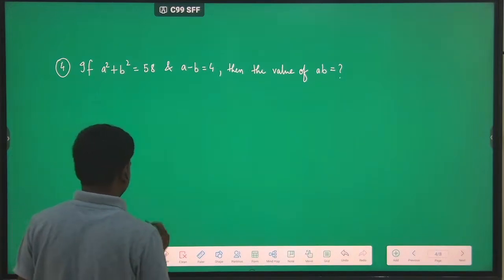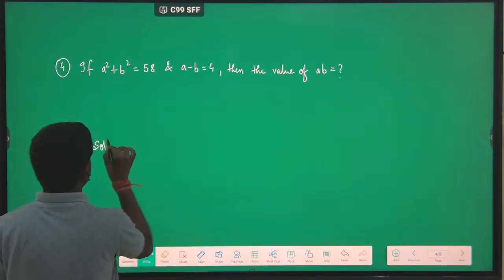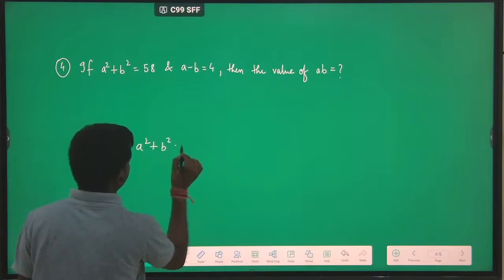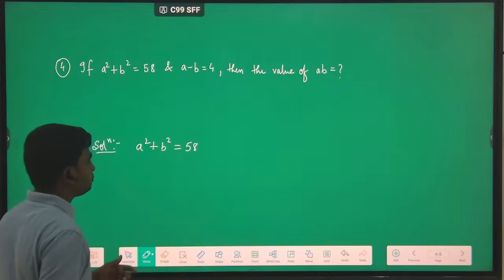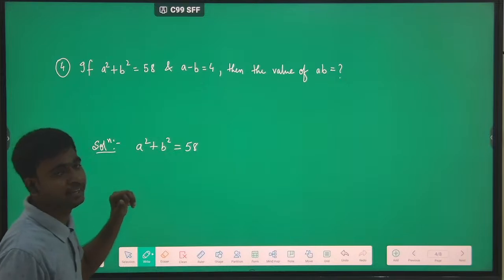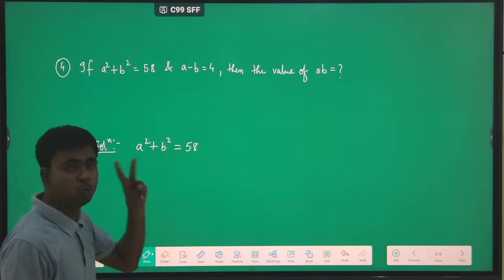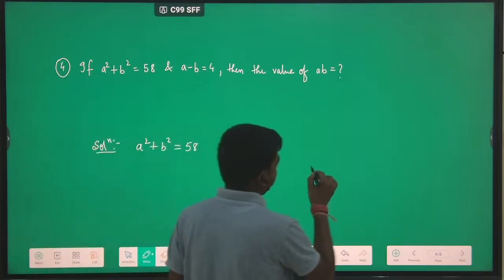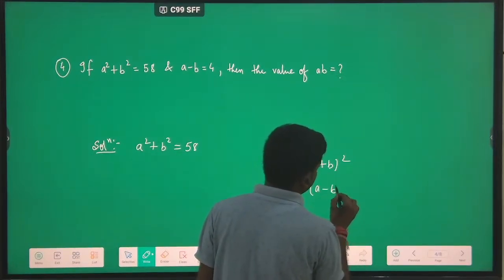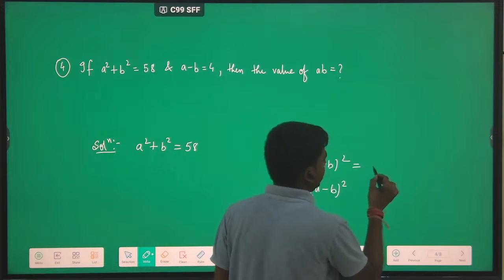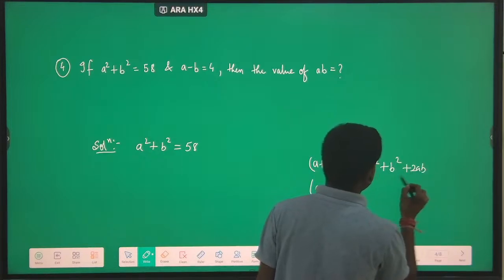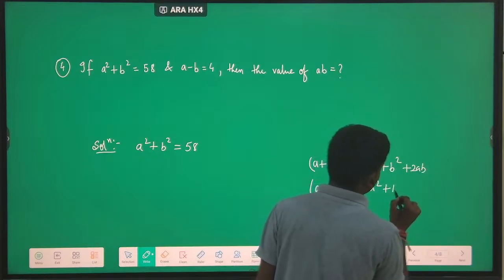So first of all, what are we given? We are given the value of a square plus b square as 58. So we know that a square plus b square can be found in two identities. The first identity is a plus b whole square, and the second identity is a minus b whole square. In both the identities, we get a square plus b square plus 2ab and a square plus b square minus 2ab.